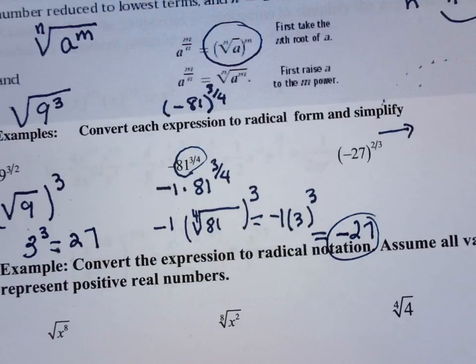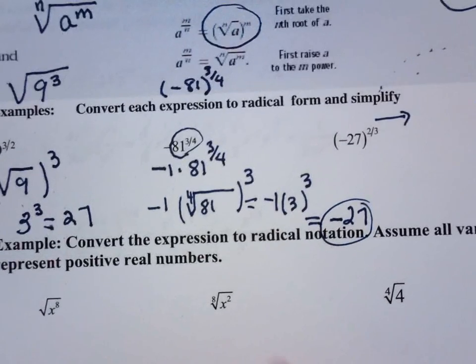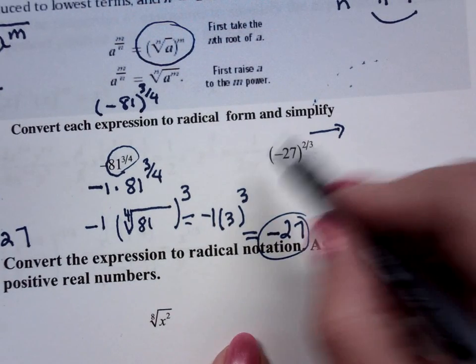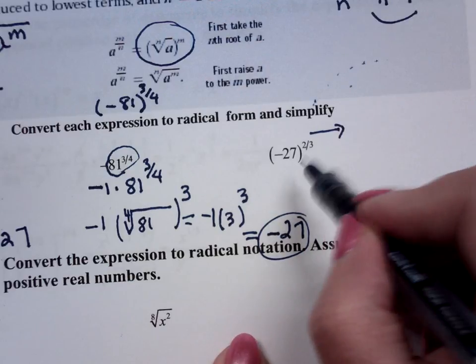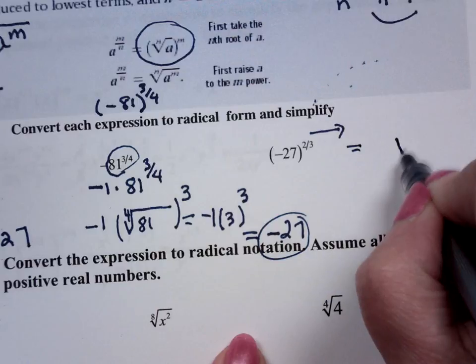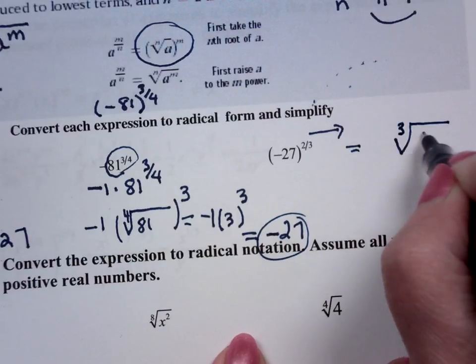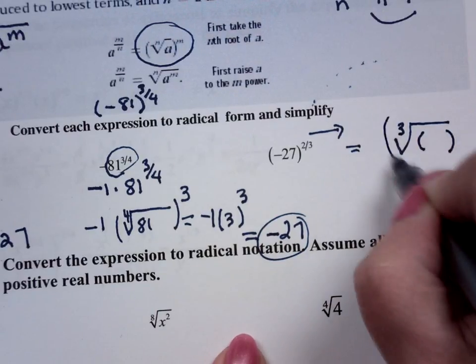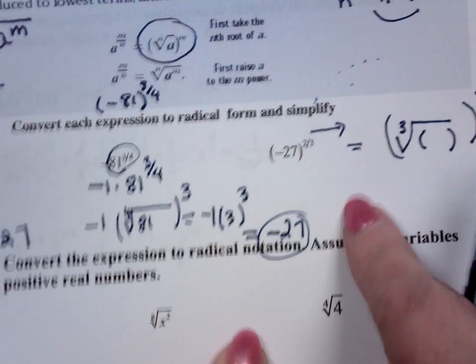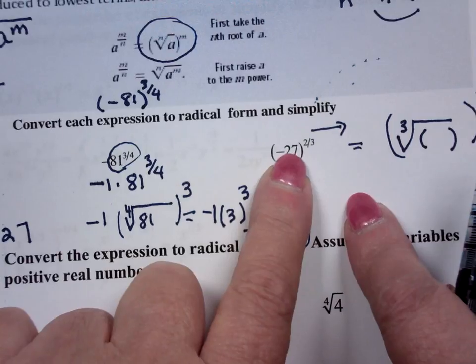I need more space between them. Negative 27, notice it's in parentheses. So I'm going to be looking at the cube root of that set of parentheses, squared, because I don't care what's in that set of parentheses.